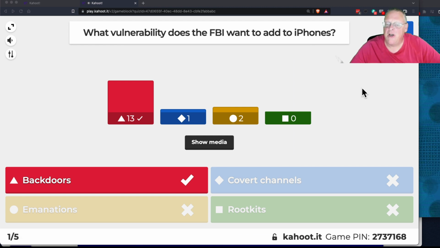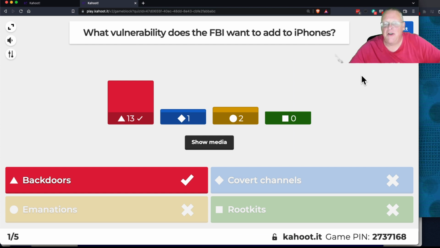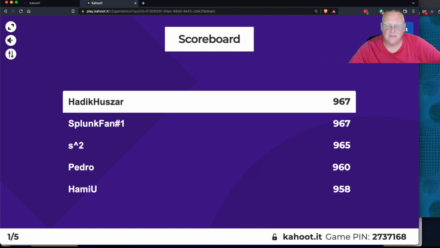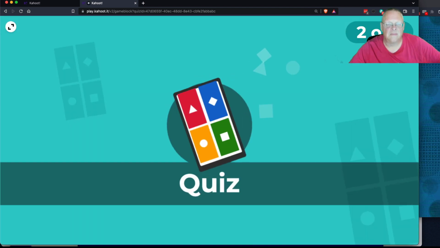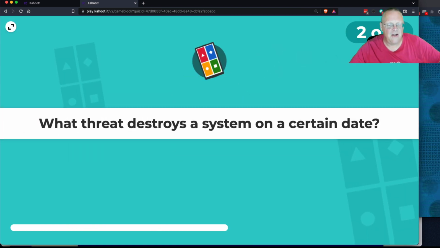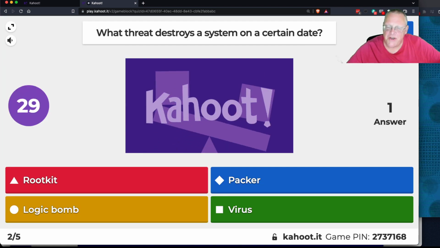They want some way for the government to get the data off a phone and see if it's child pornography or some kind of criminal stuff. All right, what threat destroys a system on a certain date?